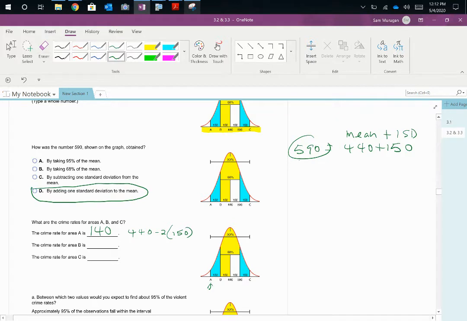The crime rate for city B is one standard deviation below, which is 440 minus 1 times 150, which is 290. And the crime rate for city C is 440 plus 2 standard deviations, which is 440 plus 300, or 740.